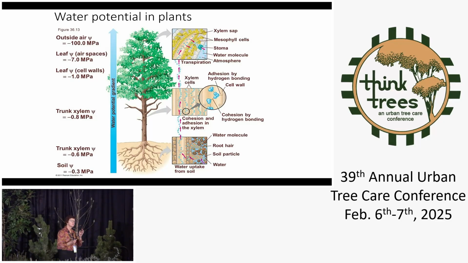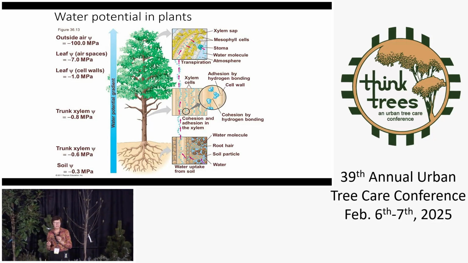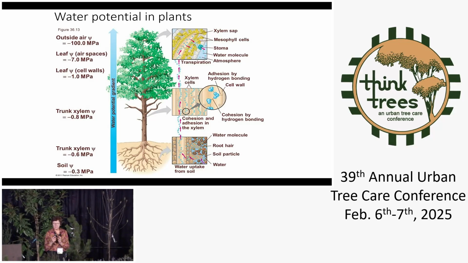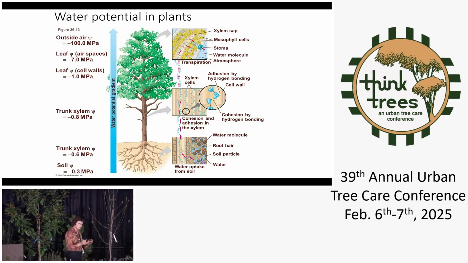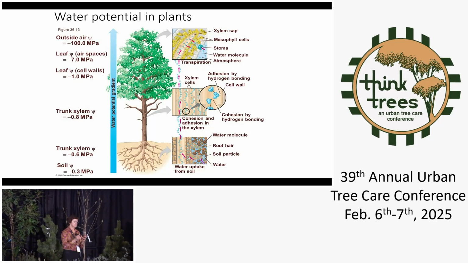When they are open, the water changes from the liquid phase into the gas phase and then evaporates. So the conducting elements have to be intact, and they have to be very resistant, and they have to support that flow of water throughout the entire xylem. The functioning xylem is usually only the most recent couple of growth rings. Water is not transported in the heartwood, which is the area where the water is stored. It's mostly transported closer to the area under the bark.